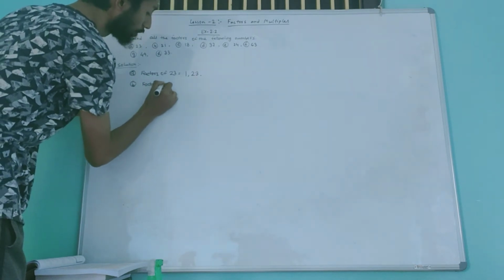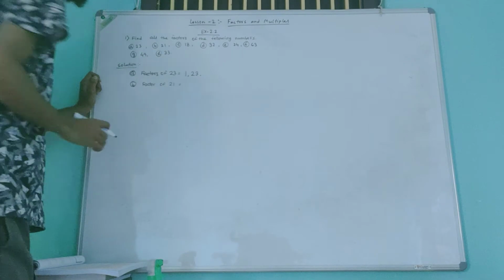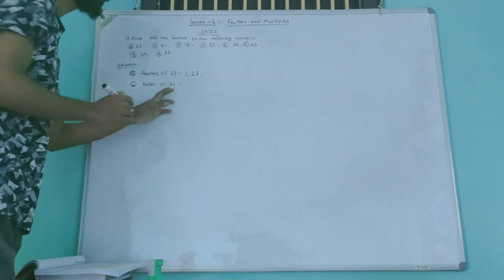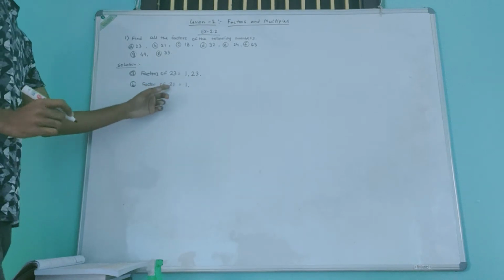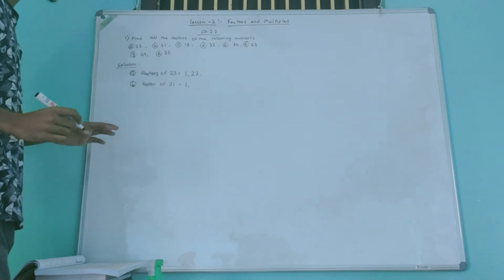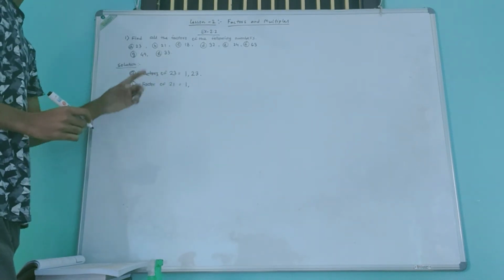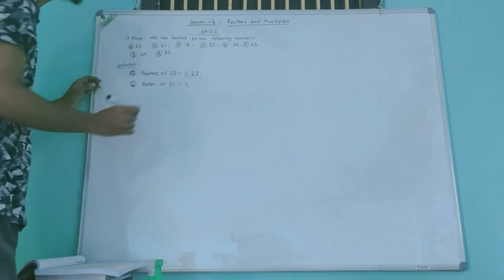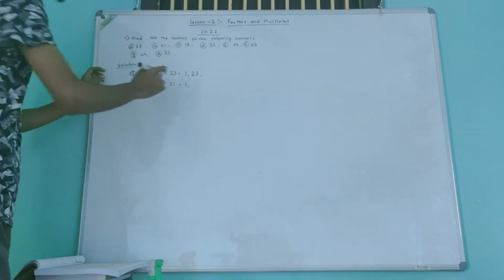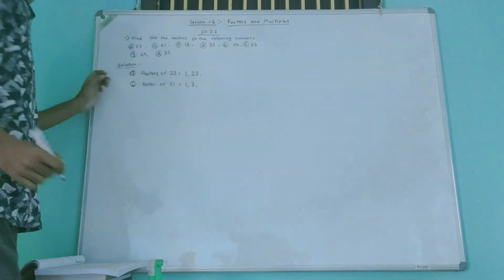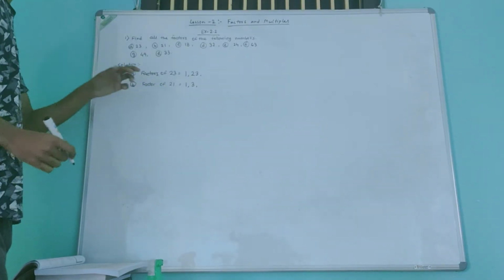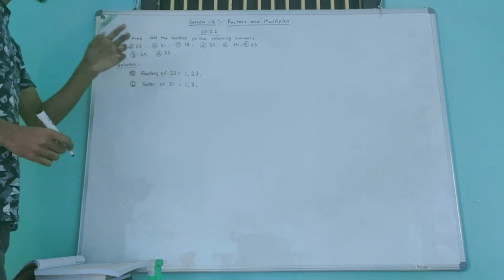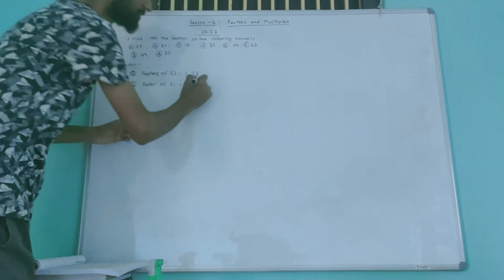Question number B says factors of 21. Now if we do this, what will we get? It is divisible by 1. 2, no, it is not divisible by 2. Now 3, it is divisible by 3 because 3 sevens are 21. 4, not divisible. 5, not divisible. 6, not divisible. 7, it is divisible by 7. 8, 9 and 10, not divisible.